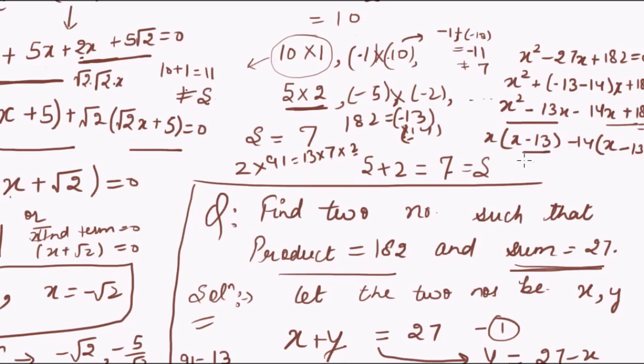Taking x - 13 common, we are left with residue x and -14.